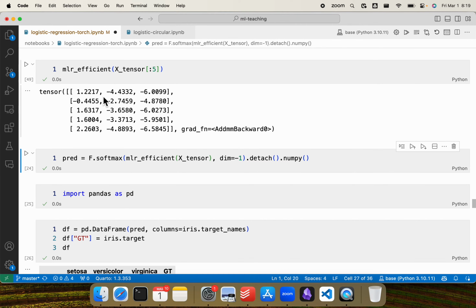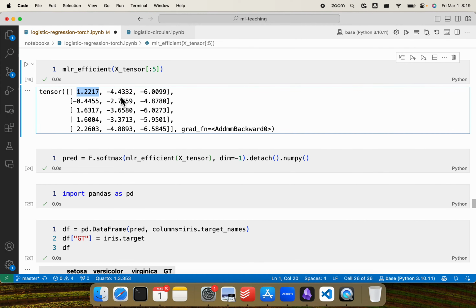Now you can notice that these are quite different. This has become a positive number, these are negative numbers. This is indicating that the first example is going to be predicted to be class 1. For the second example also, this is going to be predicted as class 1, etc.